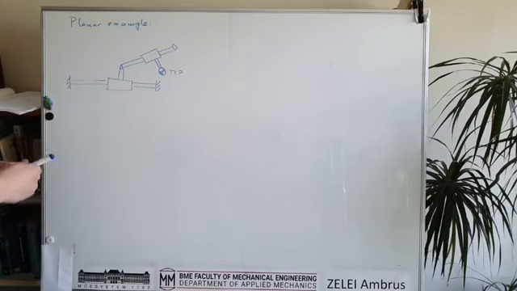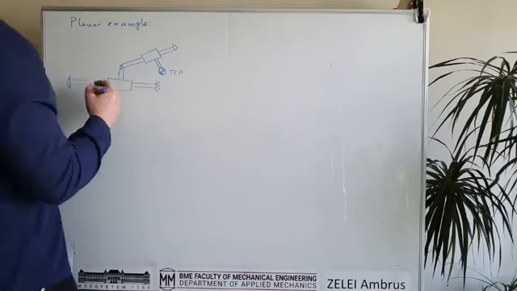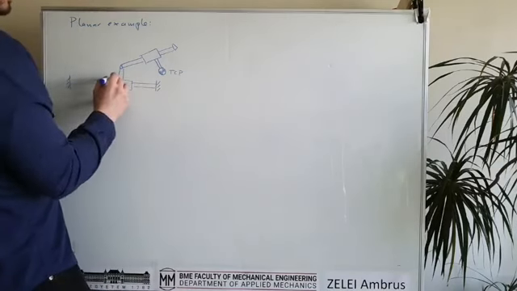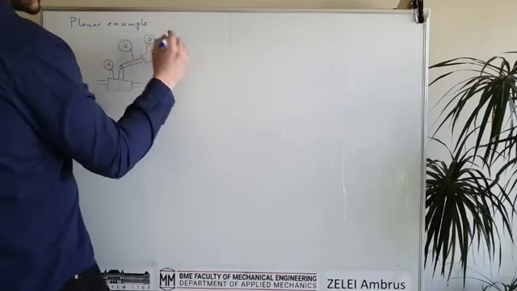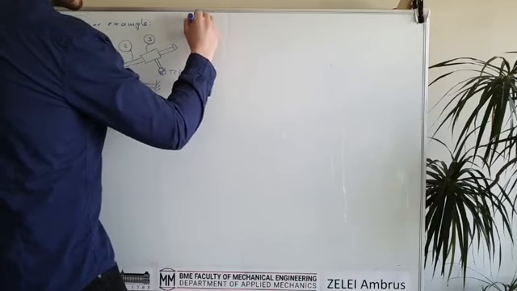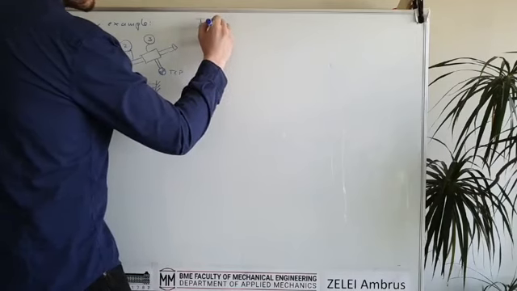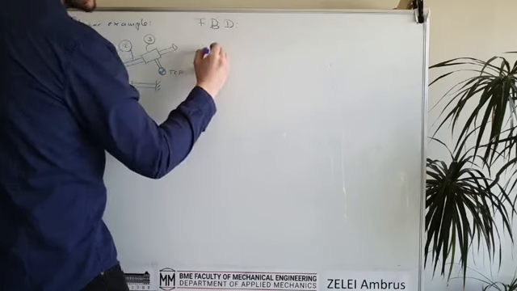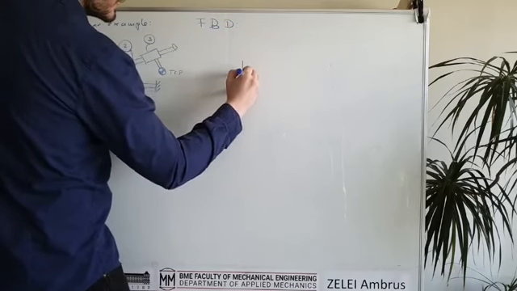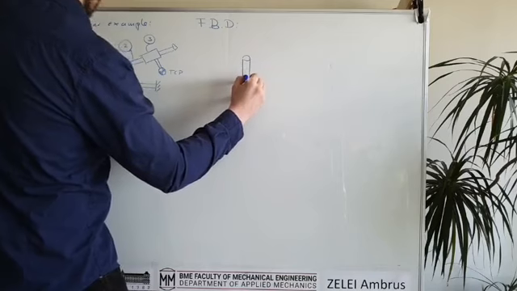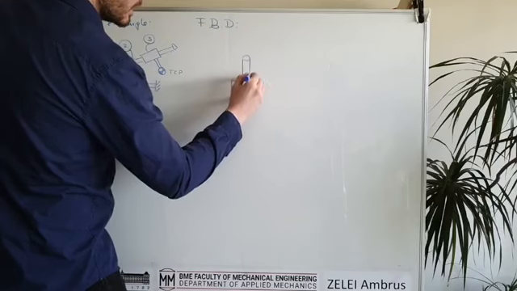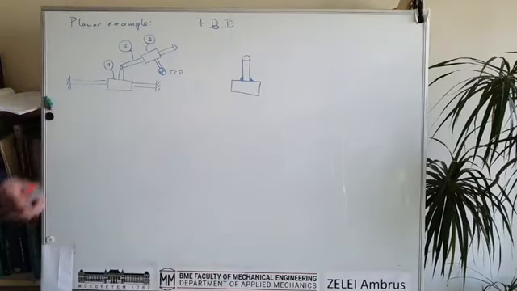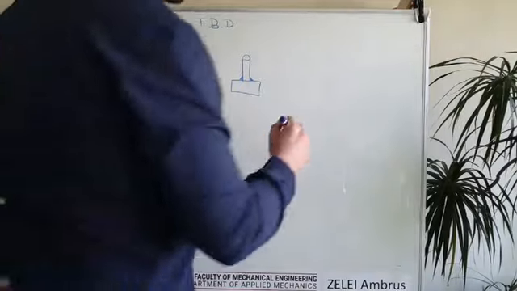Okay, this is the robot, and we need the free body diagrams for each rigid body. So the first rigid body is this one here. This is the first, this is the second, and this is the third here. So for the first rigid body, we have a free body diagram, and then there will be a free body diagram for the second rigid body.